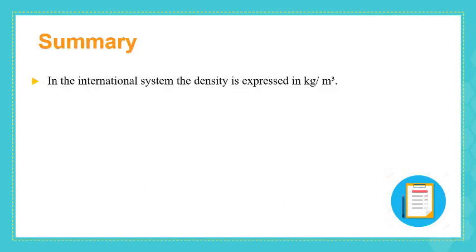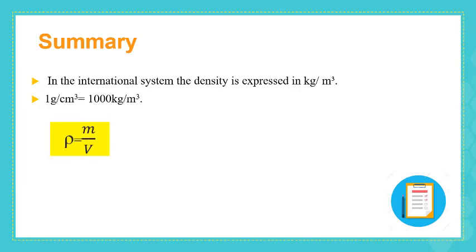Let's make a summary. In the international system, the density is expressed in kilogram per meter cube, or you can say it in another way, the SI unit of density is kilogram per meter cube. 1 gram per centimeter cube is equal to 1000 kilogram per meter cube, that is used to convert between these two units.